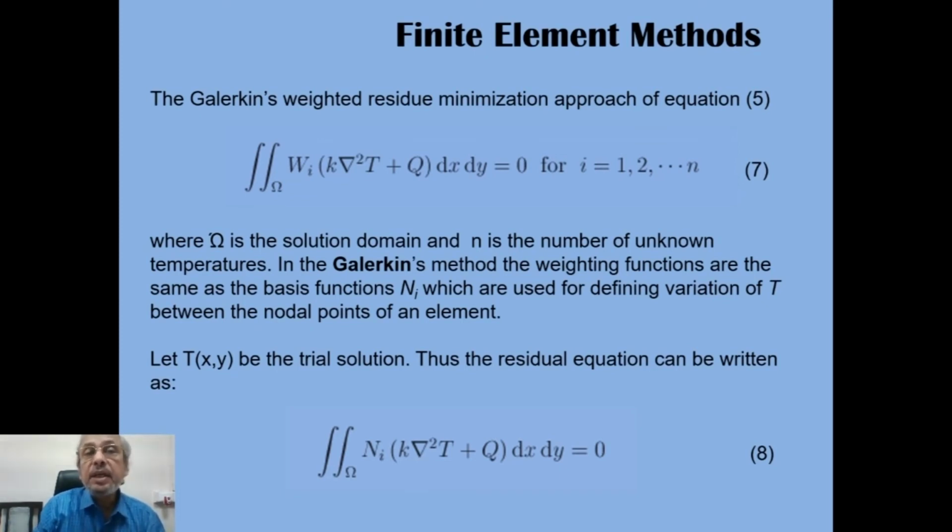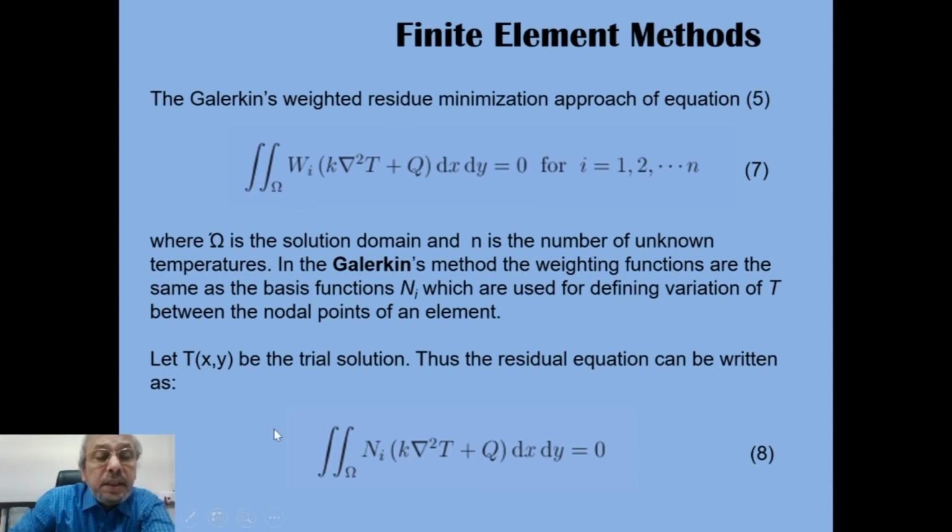So Ni is defined if we take an element, the way temperature varies at the nodal points of that element. An element can be in 2D a triangle or a quadrilateral, in 3D it can be a hexahedral. So at the nodal points the basis functions are defined in such a way that they give the temperature distribution within the element in a comprehensive manner.